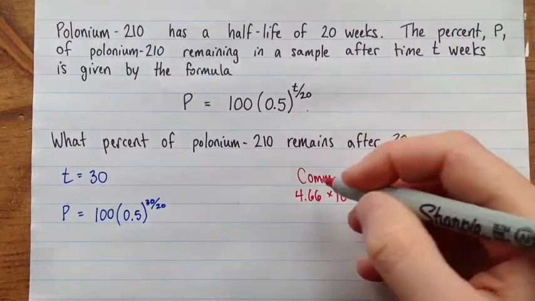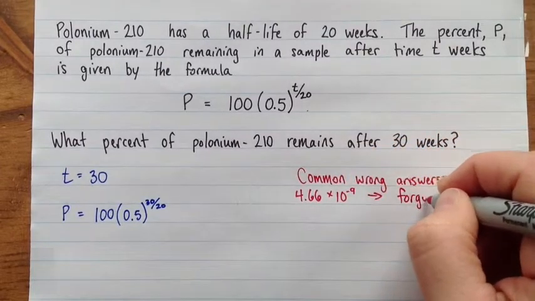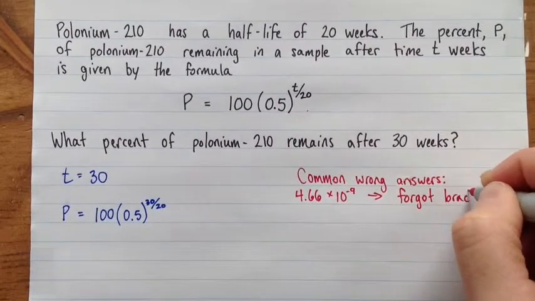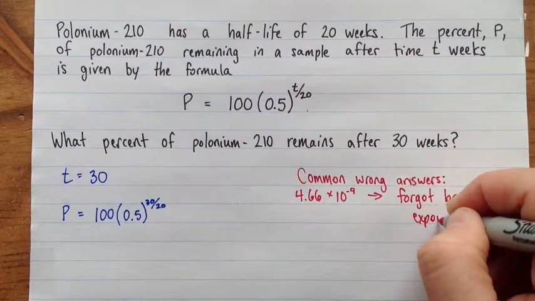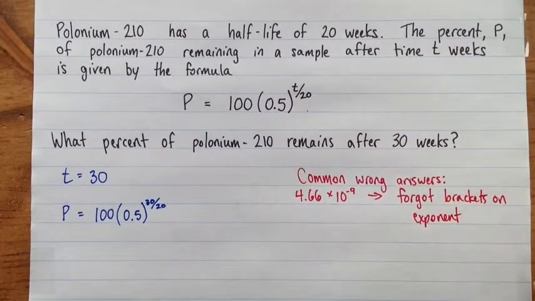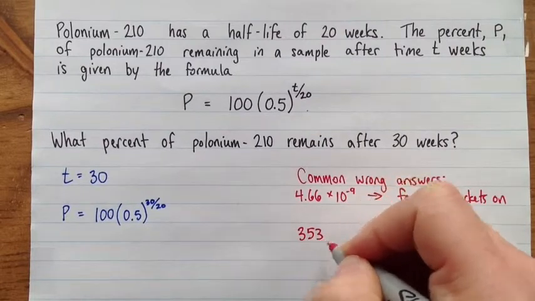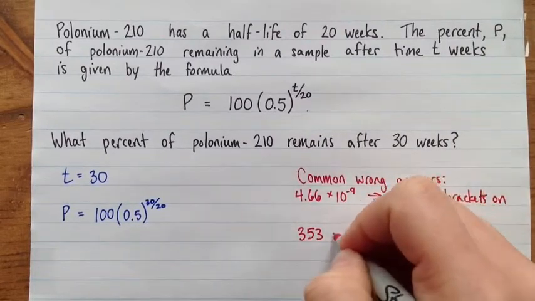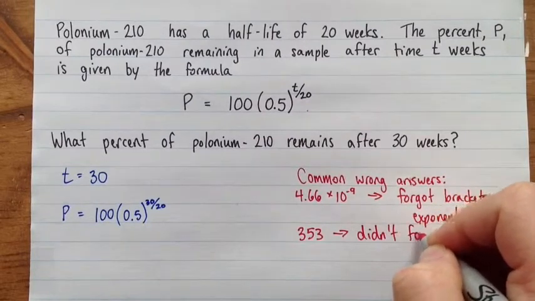On some calculators it'll say e negative 9. If you did this, if you got this, you forgot the brackets on the exponent. Okay, the other common wrong answer is 353 point something something something. If you did that, then you didn't follow the order of operations.